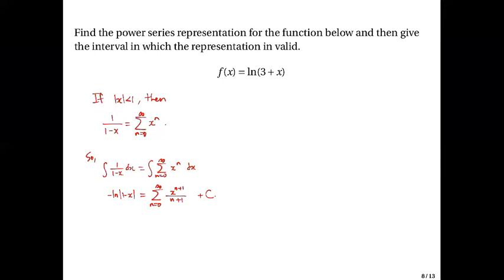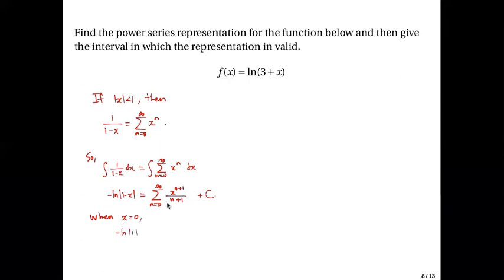And then we can find the value of c in here. Notice when x equals 0, and since 0 is within this interval here, you'll just have negative ln absolute value of 1.